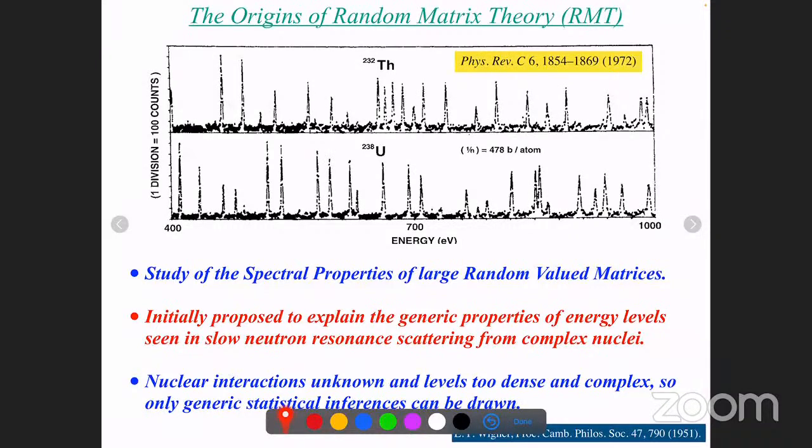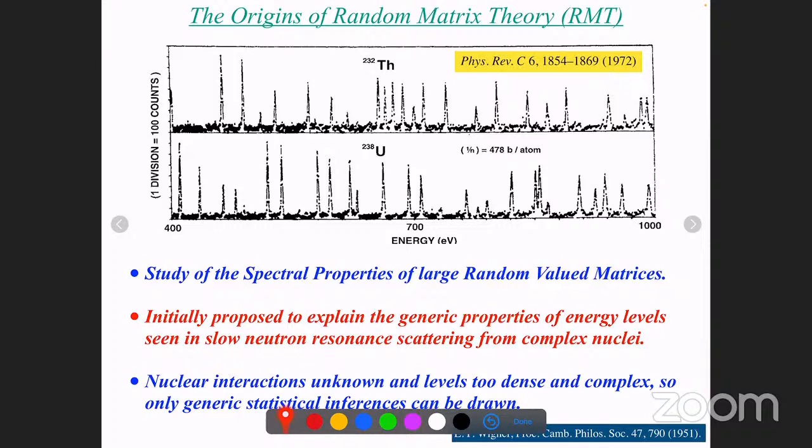Apparently it has nothing to do with physics; it's a branch of maths. But a connection to physics was established, probably first invoked in the context of explaining slow neutron energy levels seen in slow neutron resonance scattering from complex nuclei. The thing is, nuclear interactions are largely unknown, the density is very large, and levels are very complex. So only generic statistical inferences can be drawn from there.